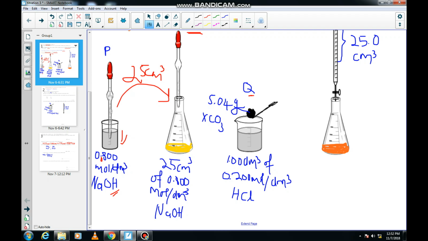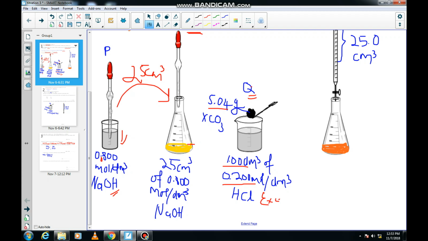Then we are told that there is solution Q, which we are going to use to titrate this solution P, and this solution Q is prepared by reacting 5.04 grams of X carbonate with 1.00 decimeter cubes of 0.200 moles per decimeter cubes of hydrochloric acid, which we are told is in excess.